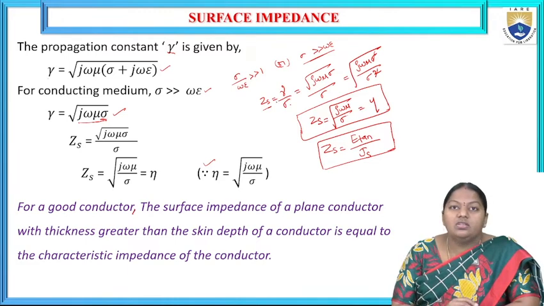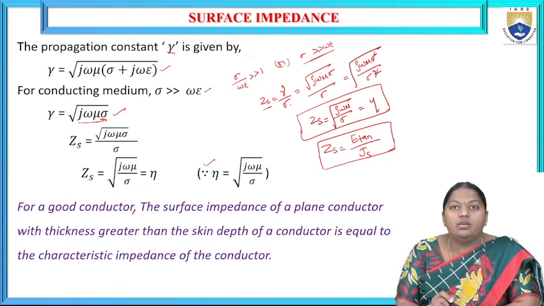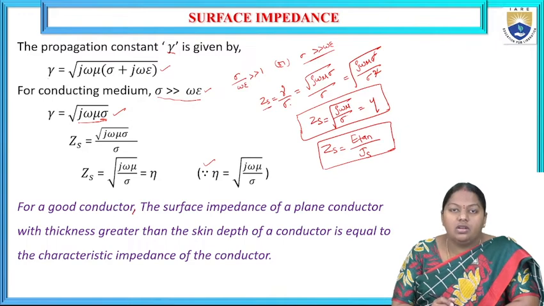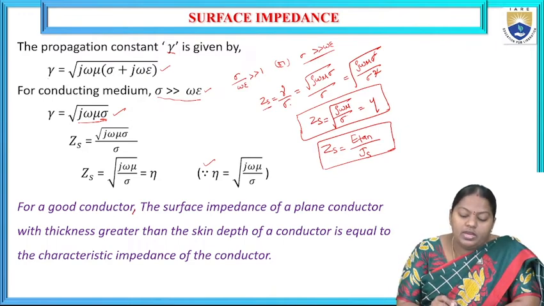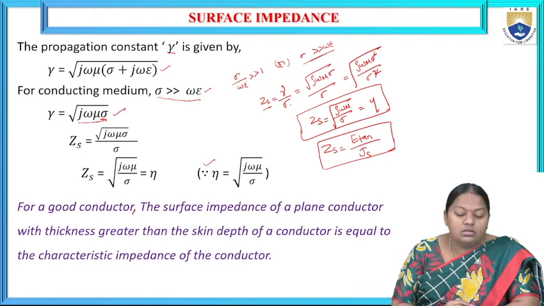Now from the propagation characteristics, we know that gamma equal to root over j omega mu into sigma plus j omega epsilon. From the conducting medium condition, sigma is far greater than omega epsilon. If we neglect this omega epsilon and consider only sigma, then the propagation constant gamma is obtained as root over j omega mu sigma.